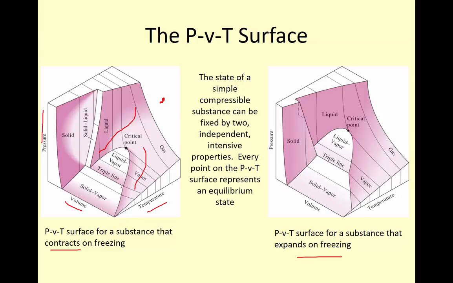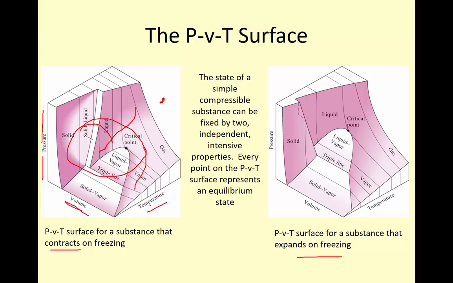So this is helpful to us because we can again use property diagrams and these known quantities to find where we are in space. So if we know the pressure and the specific volume, we can always find where we are on this surface, wherever it might be.